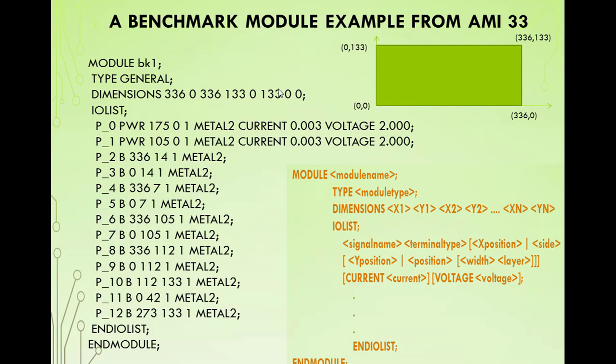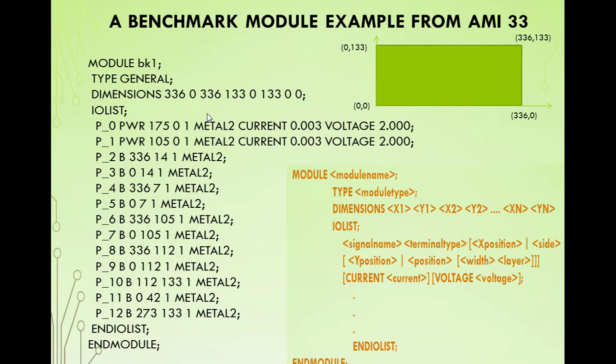It is here. The next one is 0 and 133. That means the x direction is 0 while the y direction is 133 micrometers. The last one is the origin, that is 0 0. You can see that the dimensions are defined in counterclockwise direction, that means it is like this.